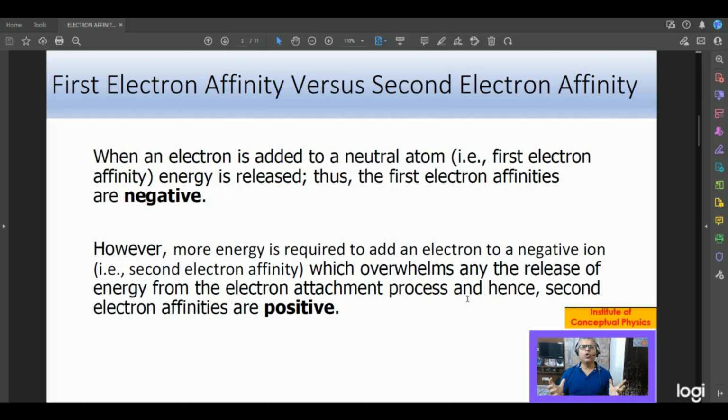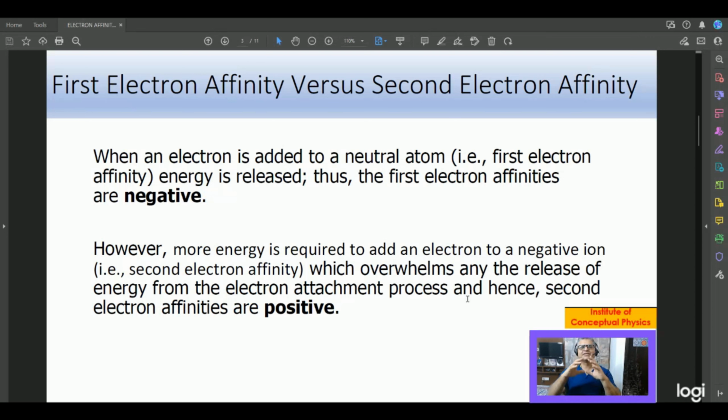If it's a mole of atoms, they have taken a mole of electrons and now become anions. Due to this, the system will lose energy, and therefore the first electron affinity is going to be negative because the system has lost energy. Got it? You can read that.